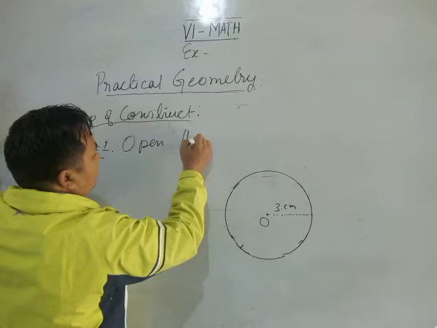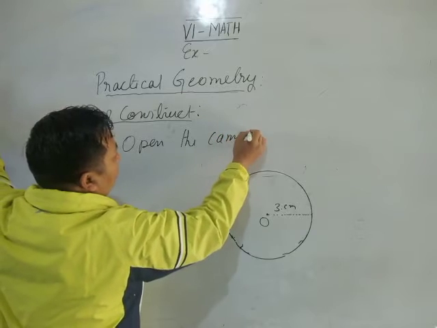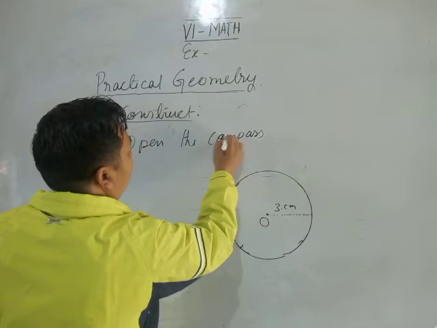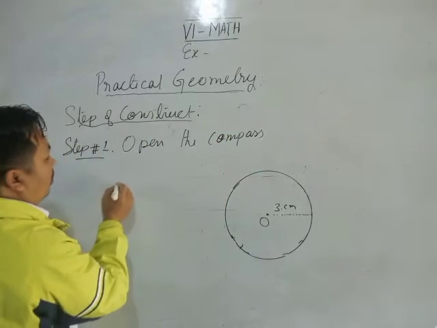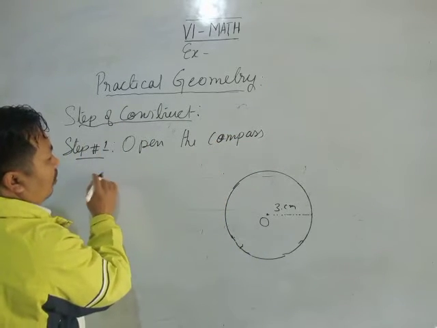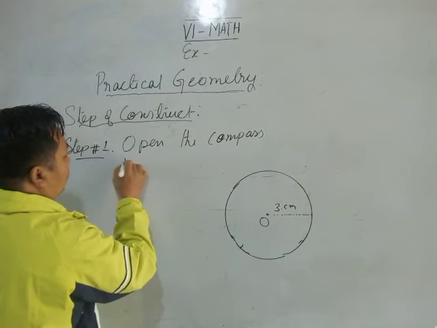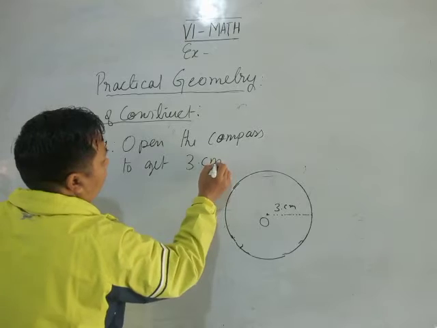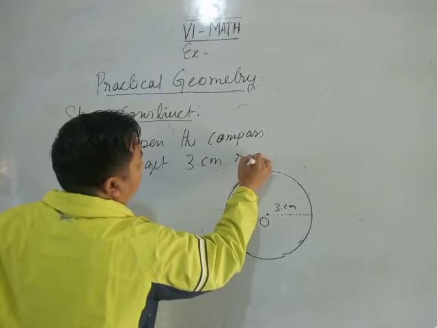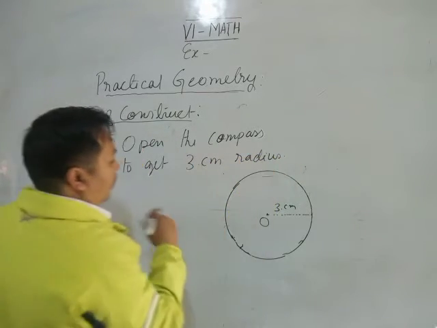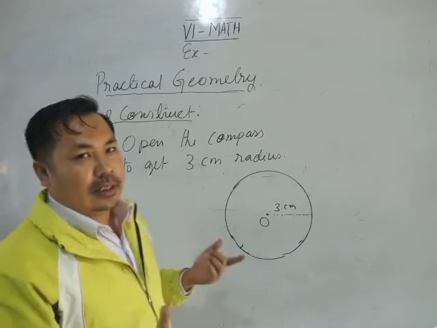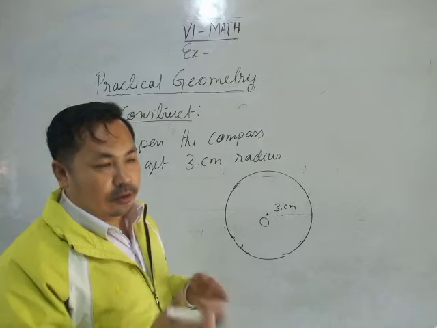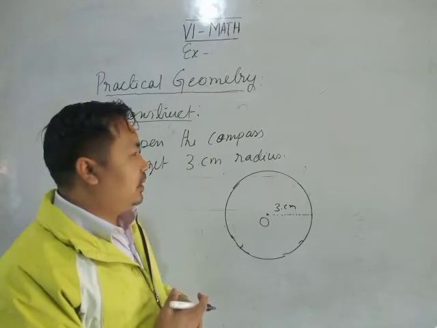Open the compass to get 3 centimeter radius. Means that we need the scale or ruler, so that you get 3 centimeter of radius.